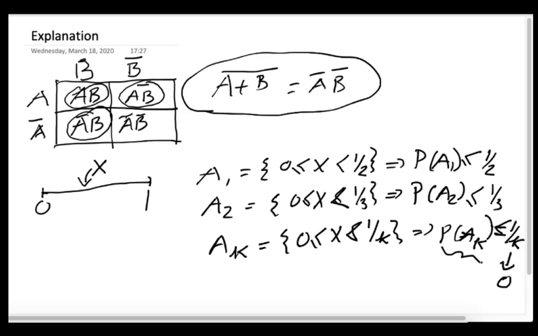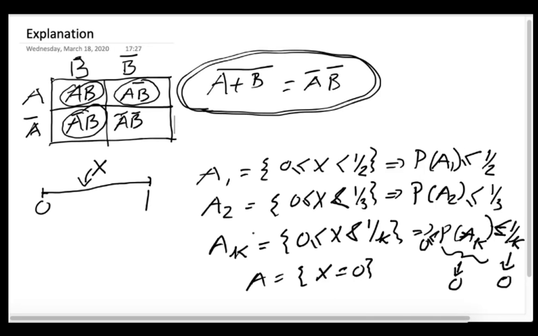Therefore, the left hand side has to go to 0. And because the left hand side is also non-negative, and you see that this value is greater than the probability that x equals 0, right? So from this you can conclude that the probability of A equals 0, right? The probability of A equals 0.